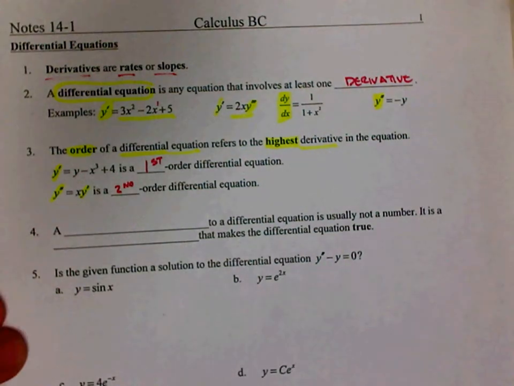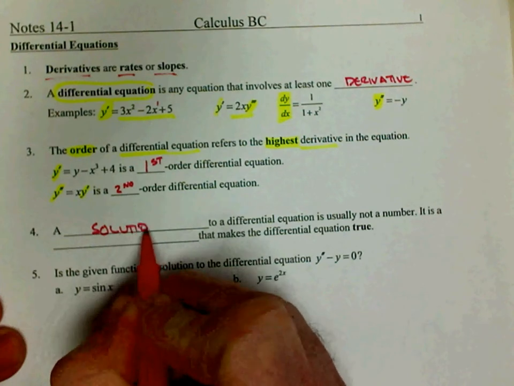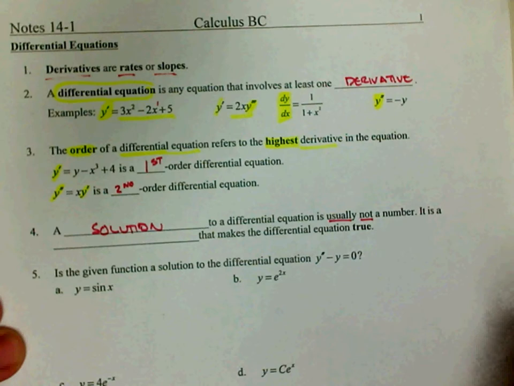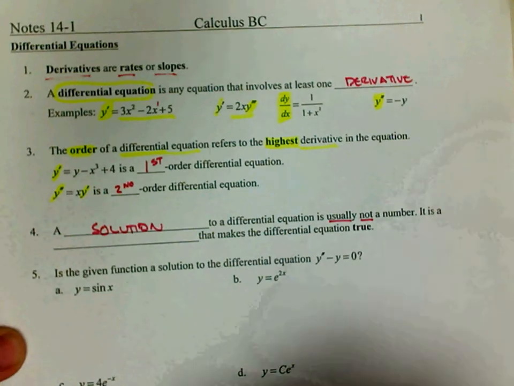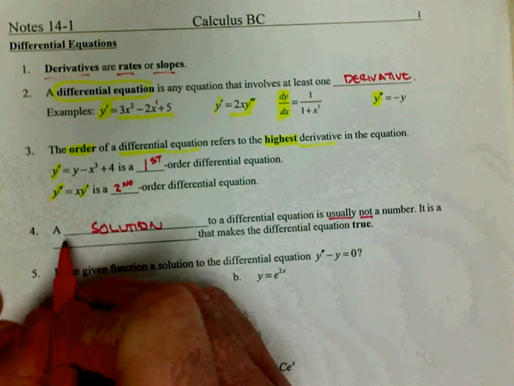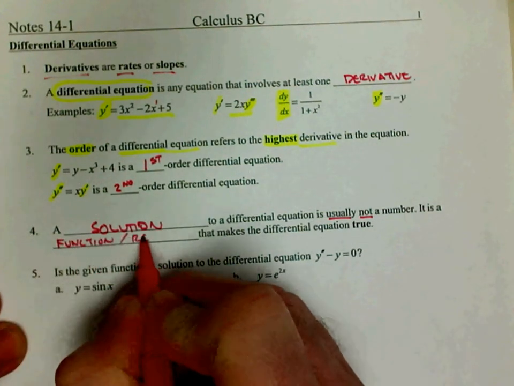Now, a solution to a differential equation is usually not a number. We're kind of used to solving things and getting a number, but a solution to a differential equation is usually not going to be a single value. It's going to be a function, or sometimes even a relation.